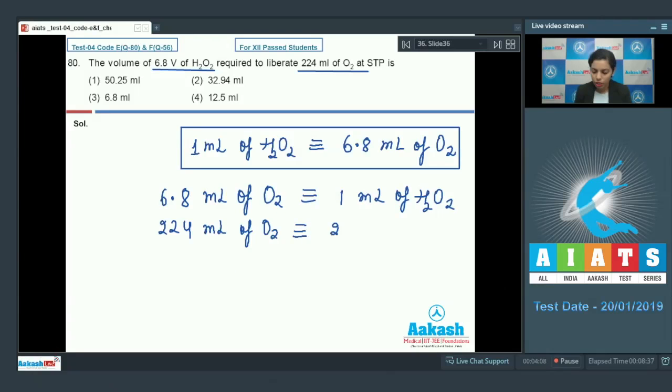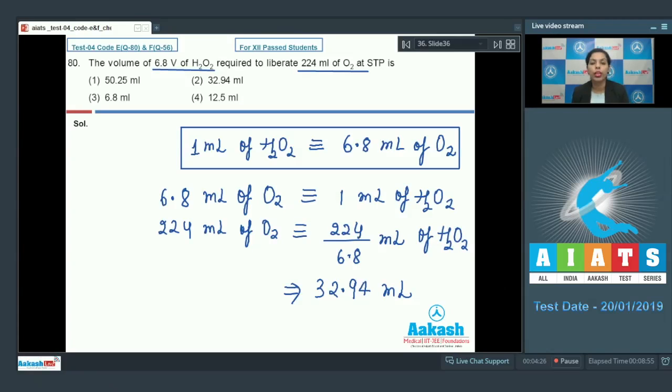It would be 224 upon 6.8 ml of H2O2. And that is the final answer, which is 32.94 ml. On dividing 224 by 6.8, you will obtain this value. This is the final answer, which is given in option 2. That's why this question has the answer option 2.